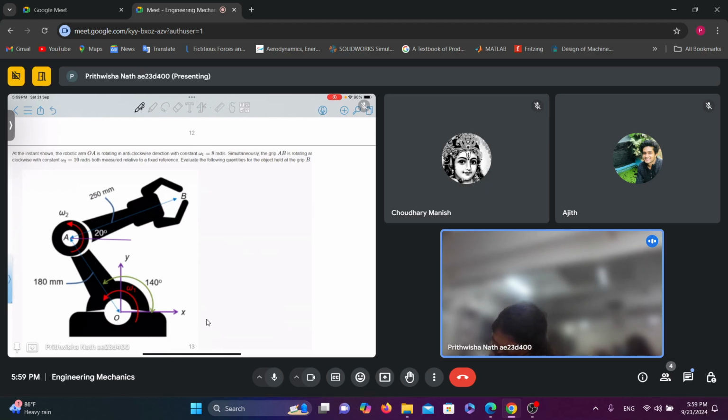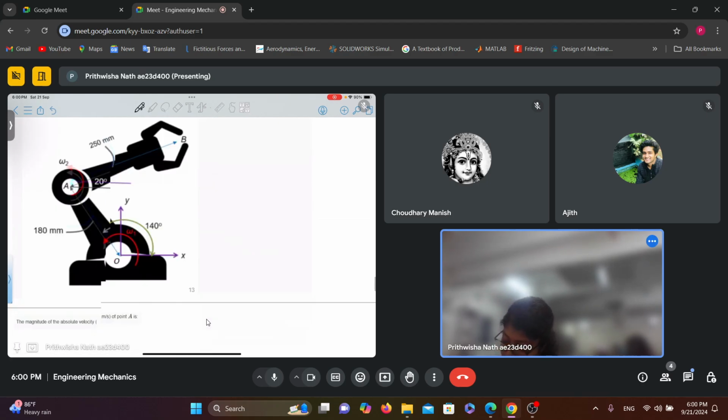Simultaneously, the grip AB is rotating anti-clockwise with constant omega 2 equal to 10 radians per second, both measured relative to the fixed reference. Evaluate the following quantities for the object held at grip B.